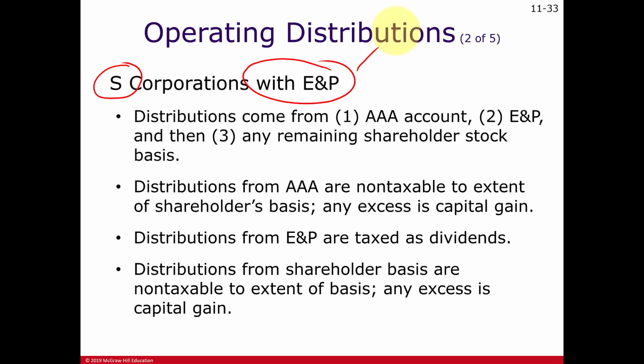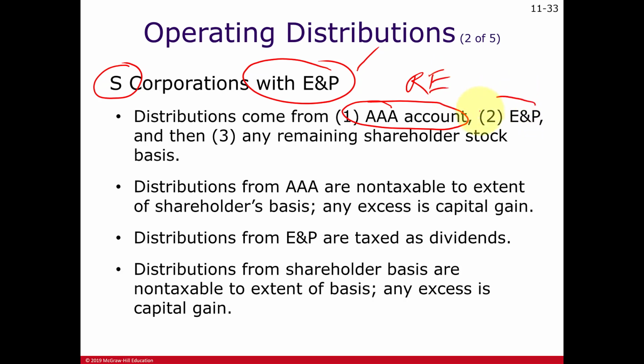So now you're an S corporation and you're earning profits. Those profits will go into an account called the AAA account, accumulated adjustments account. This is comparable to retained earnings while you're an S corporation.